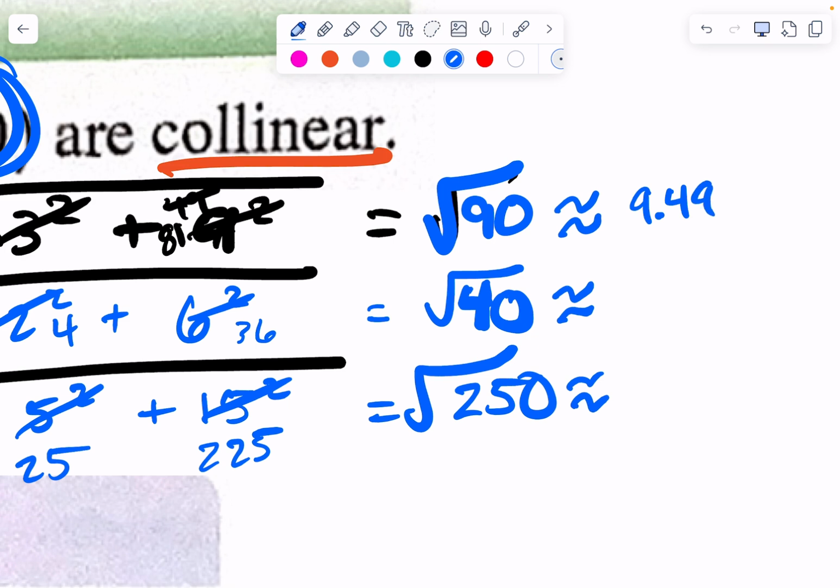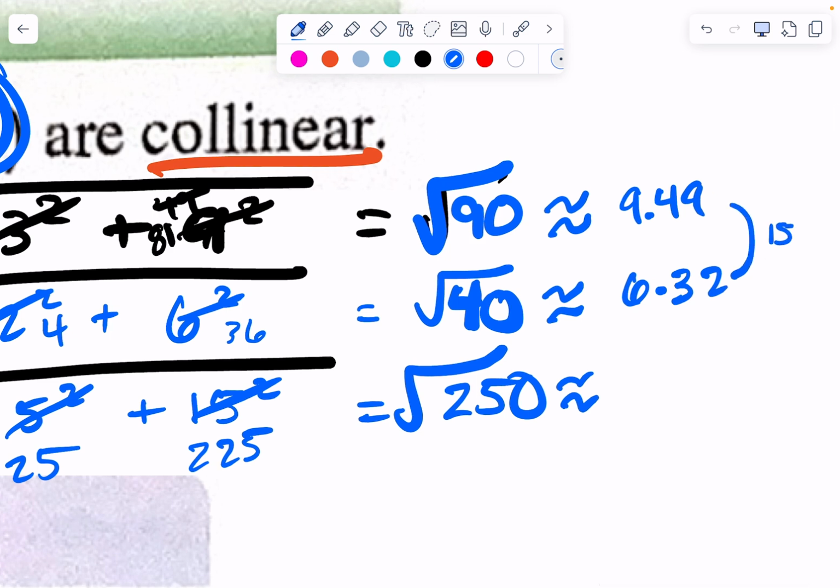We'll say the square root of 40 is 6.32, and if I add those together, it's 15.72, and the square root of 250 is 15.81. Pretty close. 15.8. So are they the same? I don't know. Pretty close. I'm going to guess that our rounding errors made it not the same. If you use the whole numbers, it ends up being 15.8 exactly.